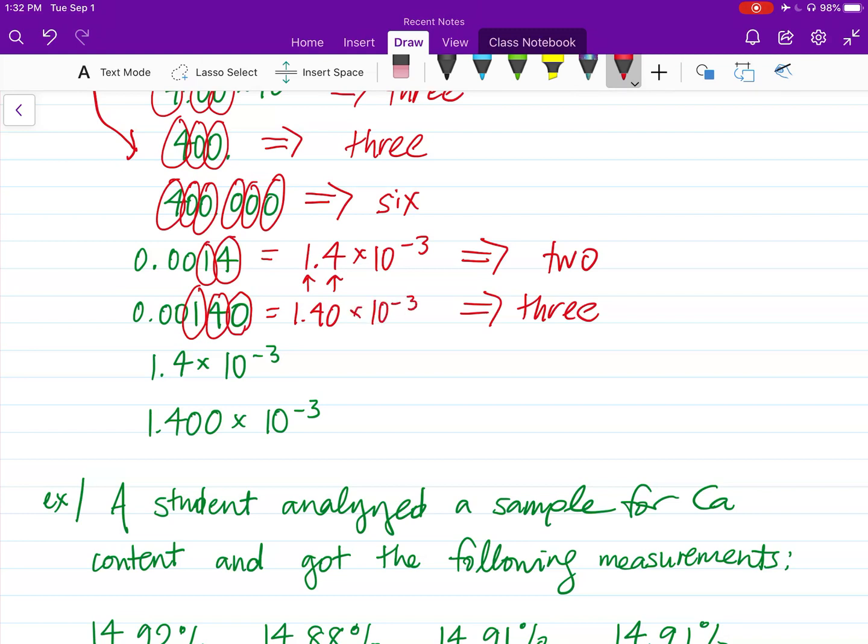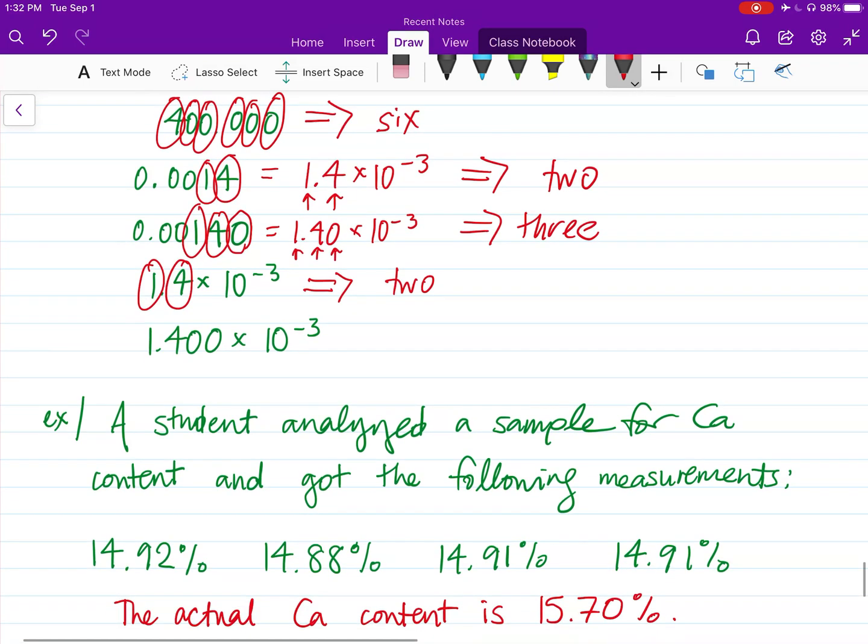Okay, and then that means that this number, and this number all count as significant digits. In this example, the 1 and the 4 are significant, so we're looking at two significant digits there. And by contrast here, the trailing zeros are significant because of the decimal point. So we would have 4 significant digits in that example.